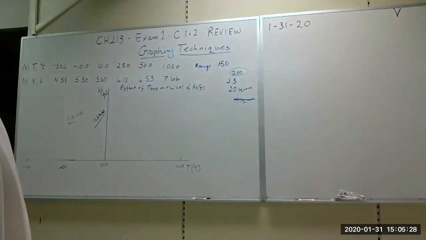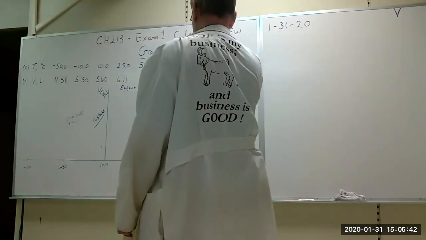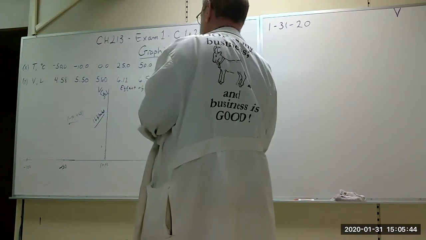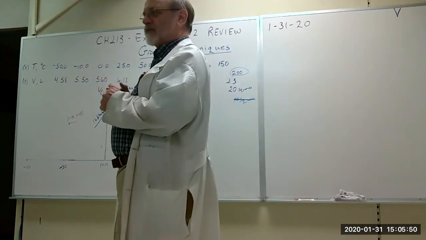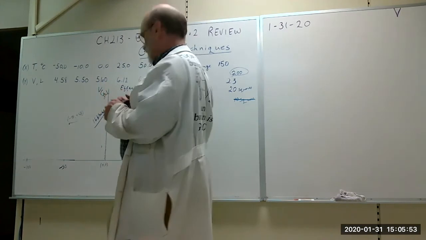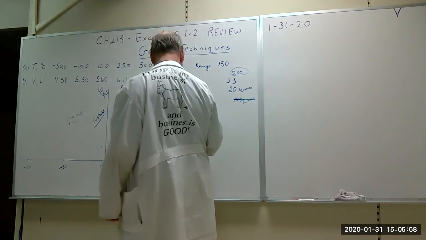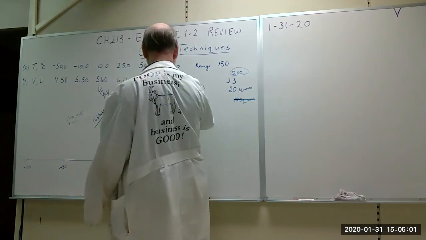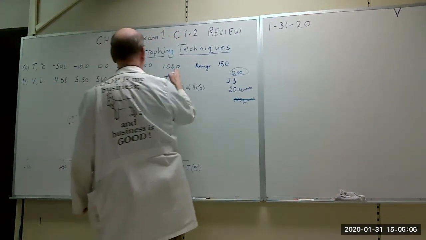Okay, let's see. So, what's the slope of a line? Definition. Rise over run, isn't it? Yeah. So the rise, so we have that point. Go further out, 100. Let's assume our line goes through this point and that point.